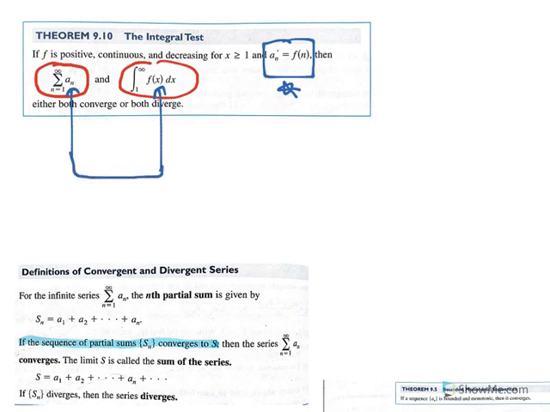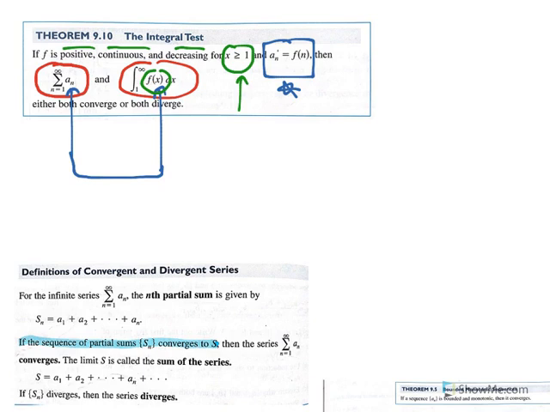And furthermore, if this function f of x is positive, continuous, and decreasing for x greater than or equal to 1, or it could be some other number like 4 or 5 or 6, and the rules are the same, then either both the infinite series and the improper integral will converge, or both will diverge.